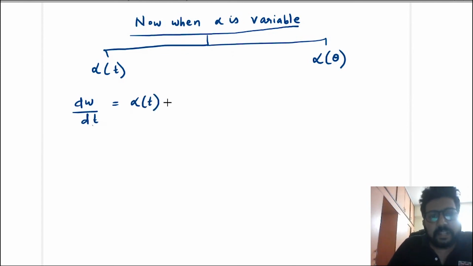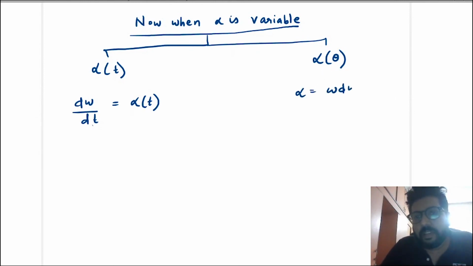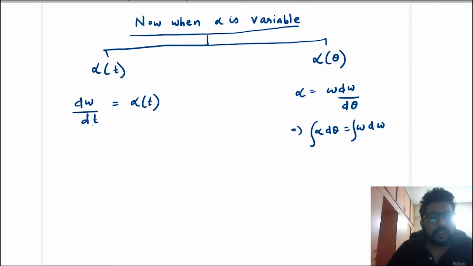Then you will separate the variable and then you will integrate. But if alpha is a function of theta, then you will say alpha is equal to omega d omega by d theta, and then you will write alpha d theta is equal to omega d omega, and then again you will integrate using the conditions given in the question.